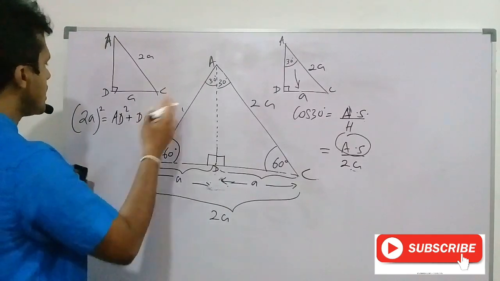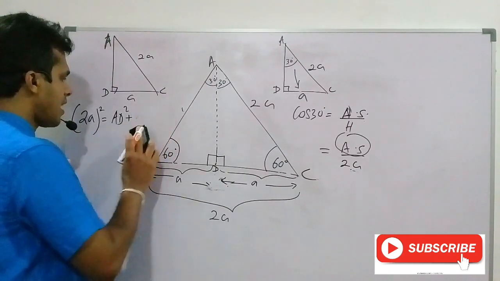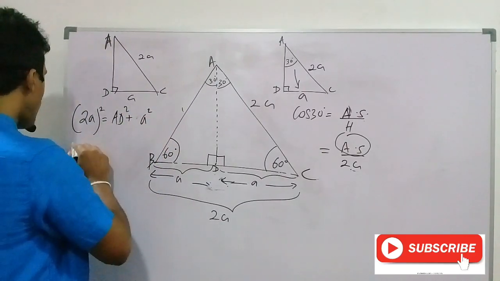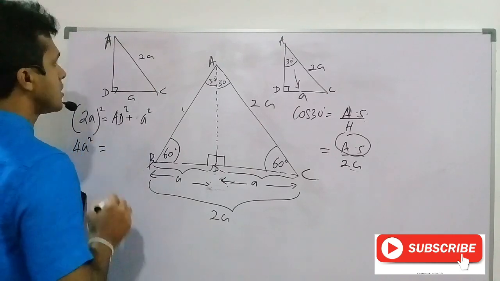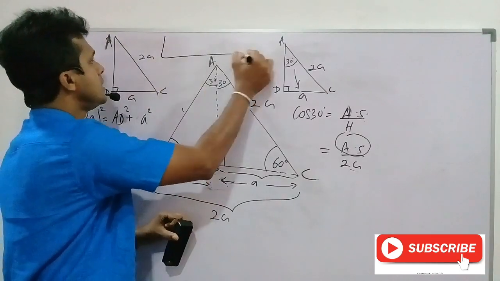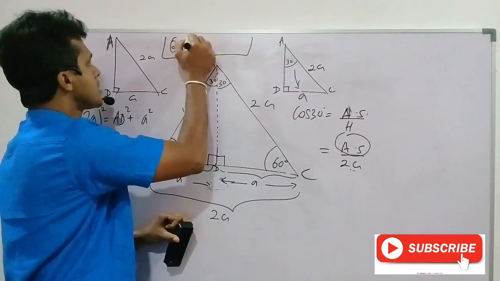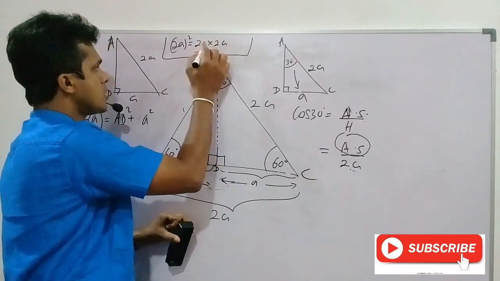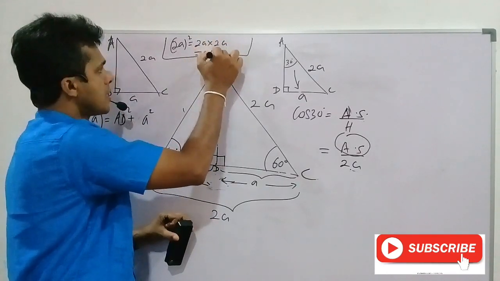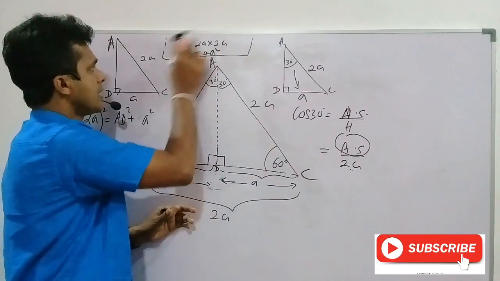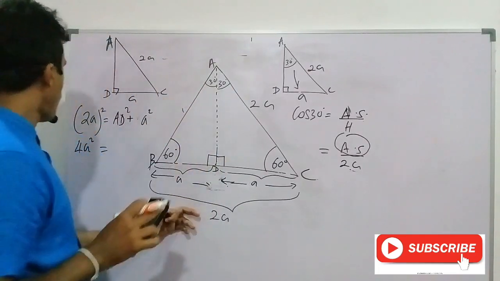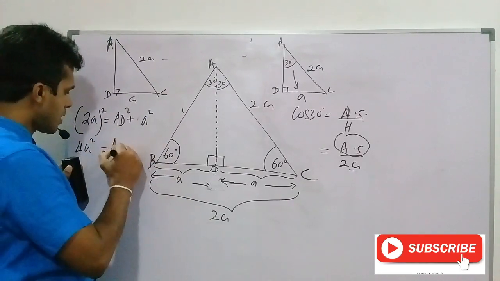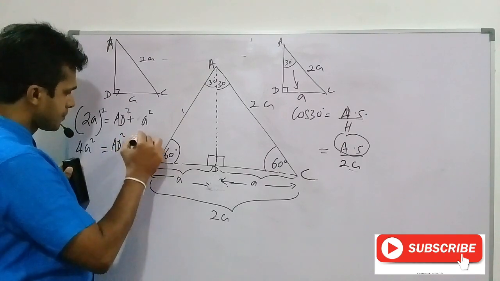DC equals a, therefore a square. 2a whole square means 2a times 2a, 2 times 2 is 4, a times a is a square. So 4a square equals AD squared plus a squared.